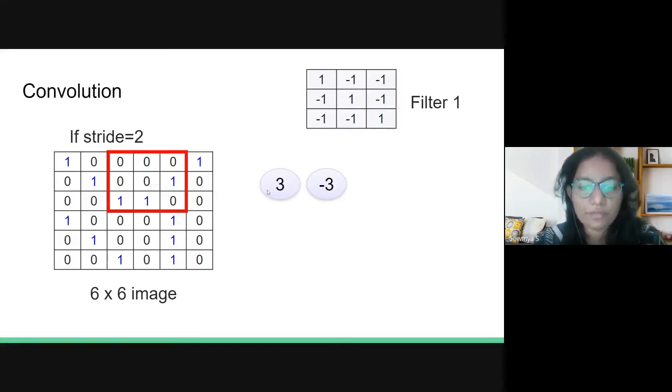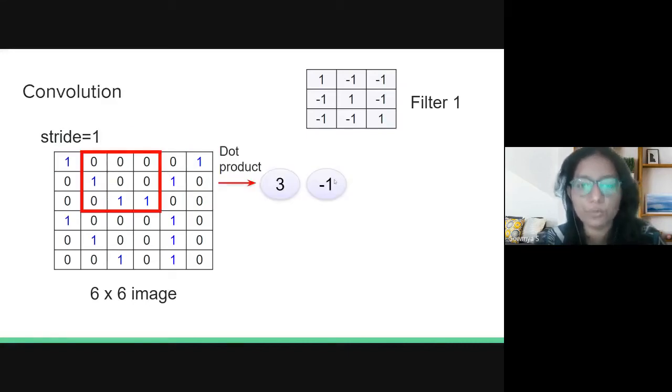Also, the vector becomes much smaller, because when your stride is 2, you can do only 2 operations, 1 and 2. You cannot move it further than this. The filter can't be cut off; you want the entire filter. So you'll have only 2 values in your vector, whereas with stride equal to 1, you would have had 4.